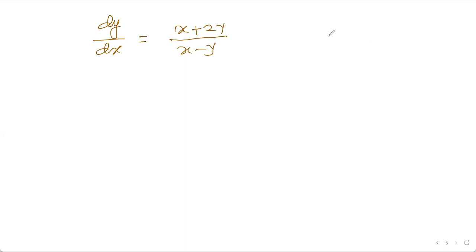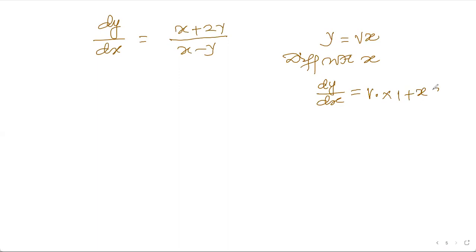Now, what I have told you, you express y in terms of a new variable vx and differentiate it with respect to x after checking the homogeneity. So differentiating with respect to x gives dy by dx is equal to, again using the Leibniz rule, v into the derivative of x with respect to x, which is 1, plus x as it is into the derivative of v with respect to x, dv by dx.